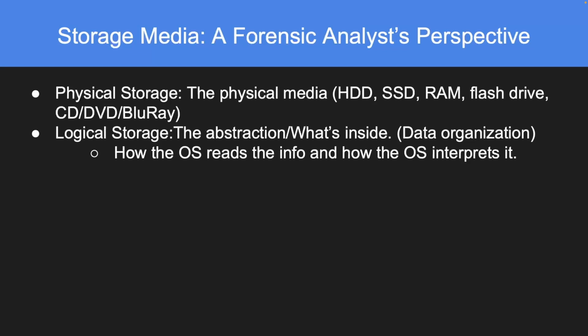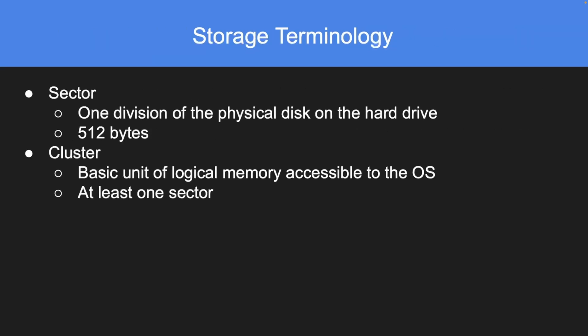This is how the OS reads the data and information that we have stored on the disk and interprets it. It can be interpreted by something like a file allocation table, which looks at all the parts of the disk, breaks them down, and spreads files across these parts so that they can be stored easily and recalled easily as well.